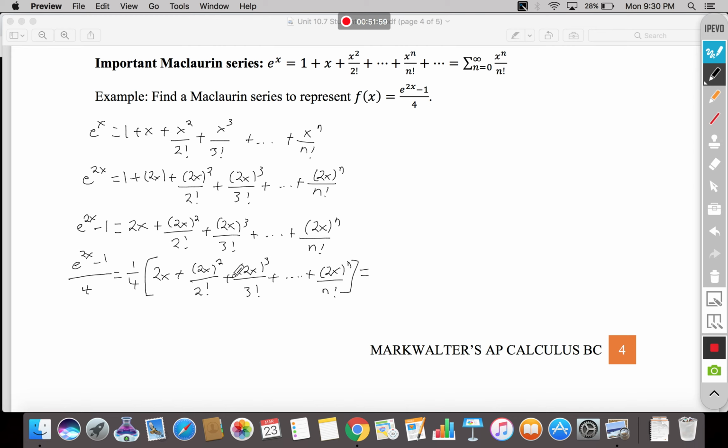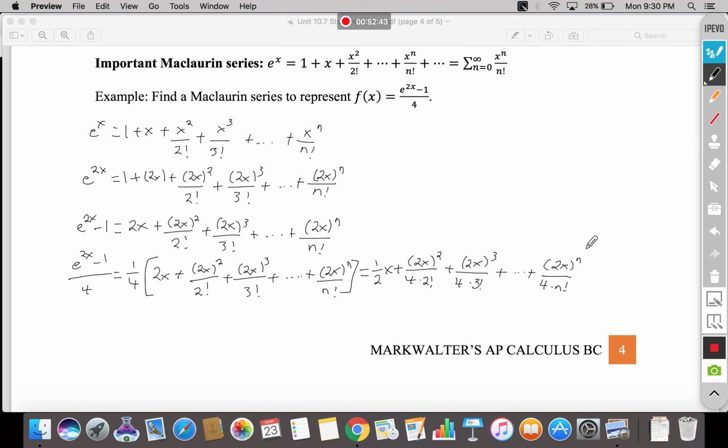I get 2 times 1/4, so that's actually going to give me half x plus 2x squared over 4 times 2 factorial plus 2x cubed over 4 times 3 factorial plus so on plus 2x to the n over 4 times n factorial.